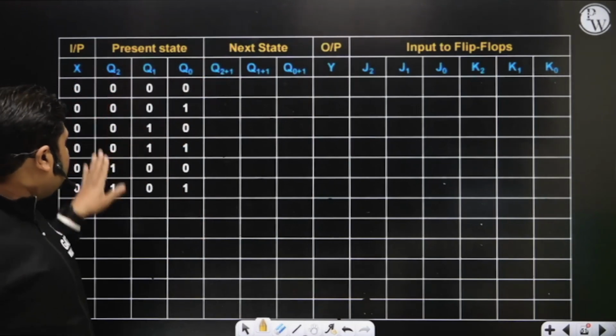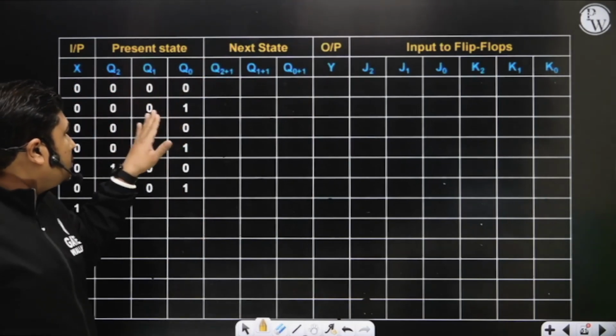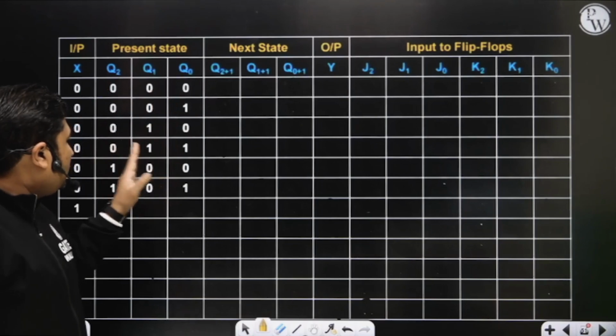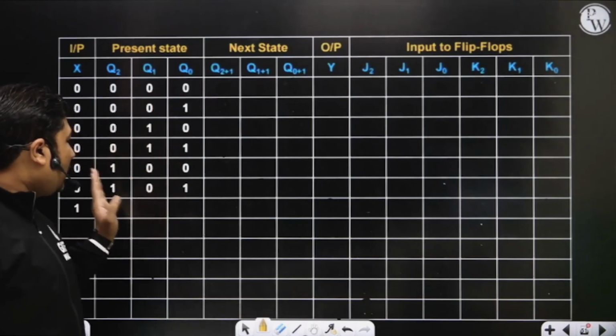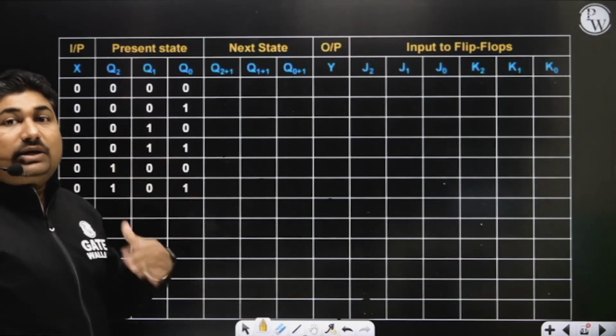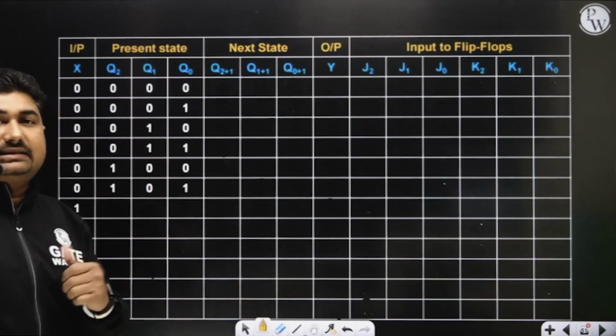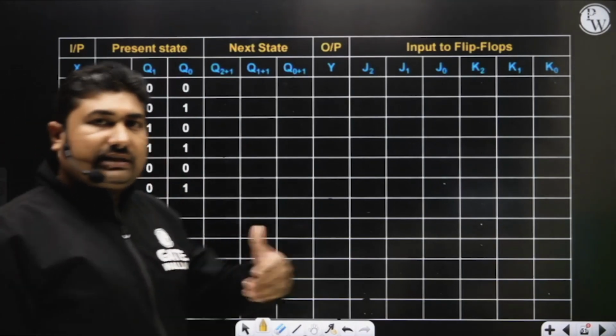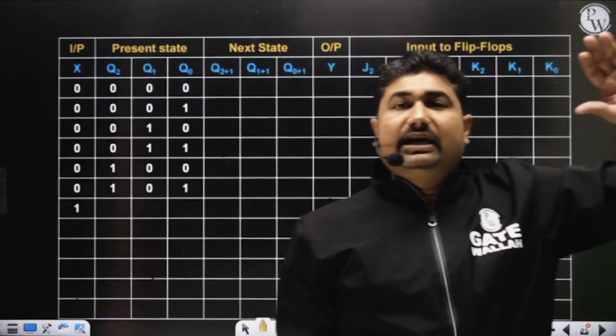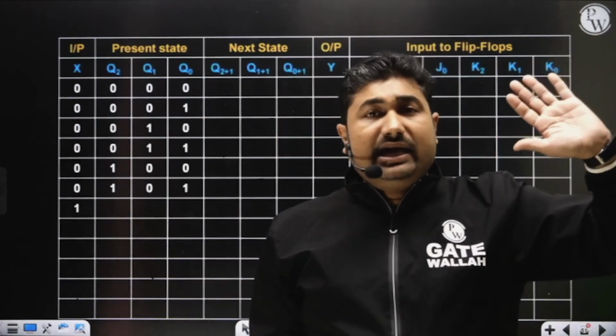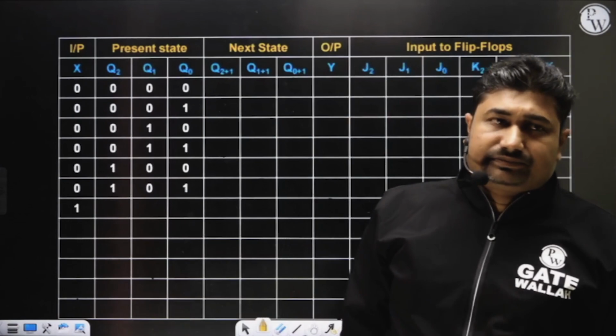Only the states available are 0 0 0, 0 0 1, 0 1 0, 0 1 1, 1 0 0. What about the other states like 1 1 1? They will not exist, so the inputs to J and K will be don't care, because the state is not existing.